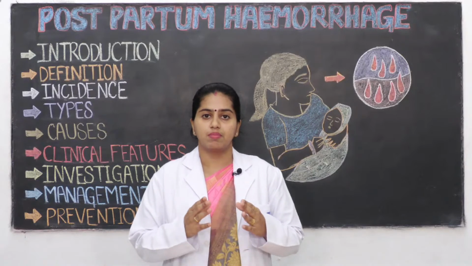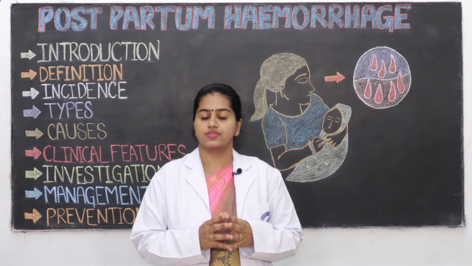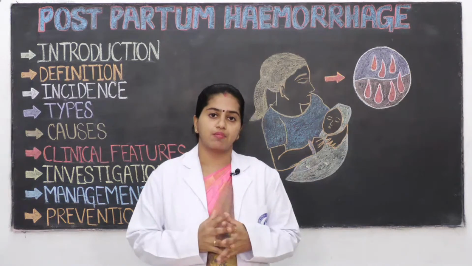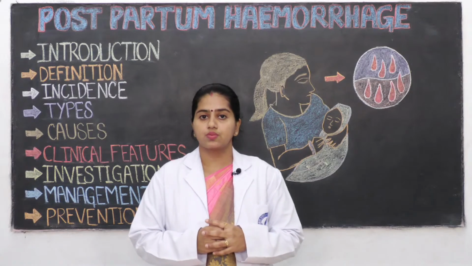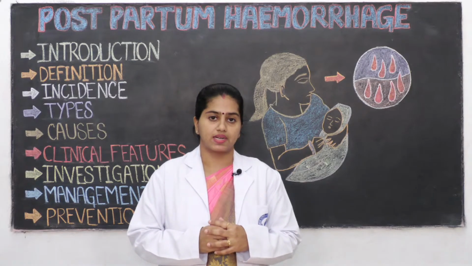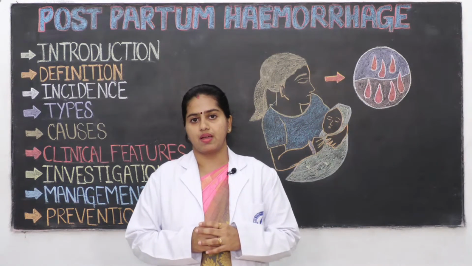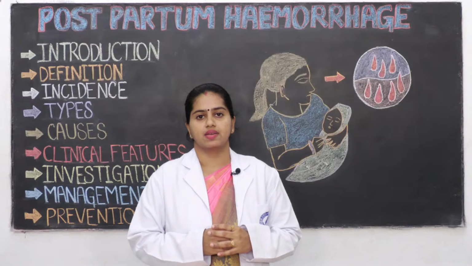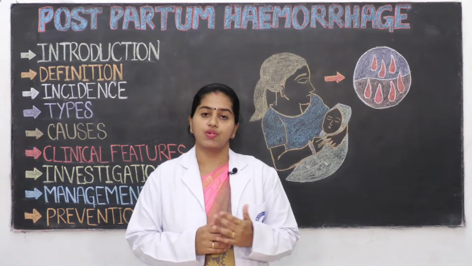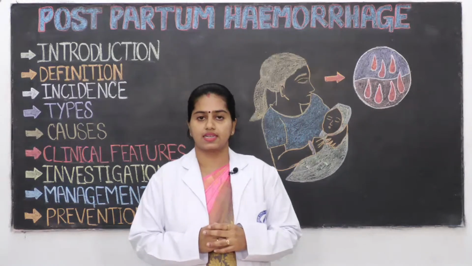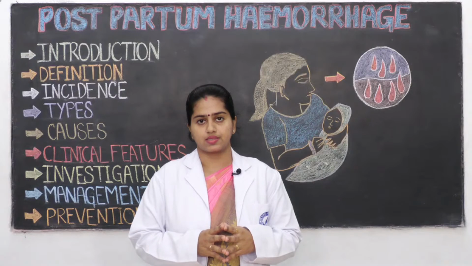Primary, as I said, is bleeding that takes place within 24 hours of childbirth. This primary postpartum hemorrhage can be classified into two types. The first is third stage postpartum hemorrhage: bleeding into the genital tract before the expulsion of the placenta.